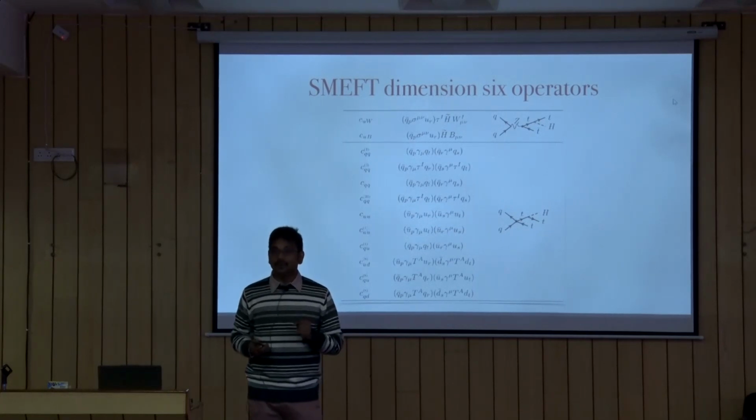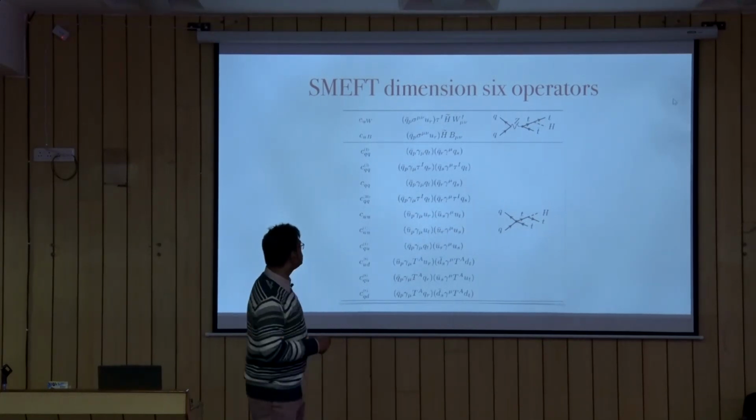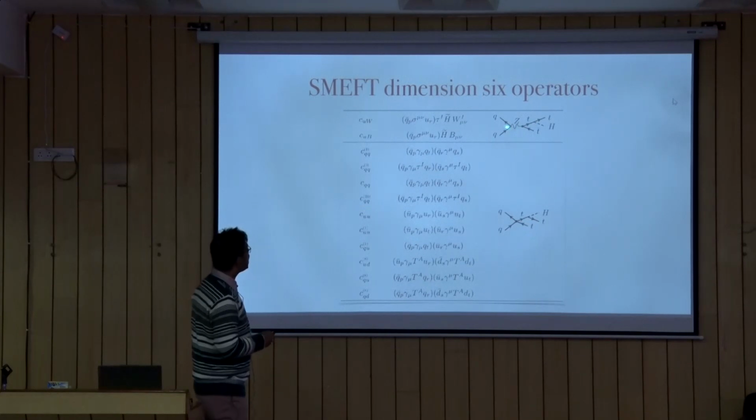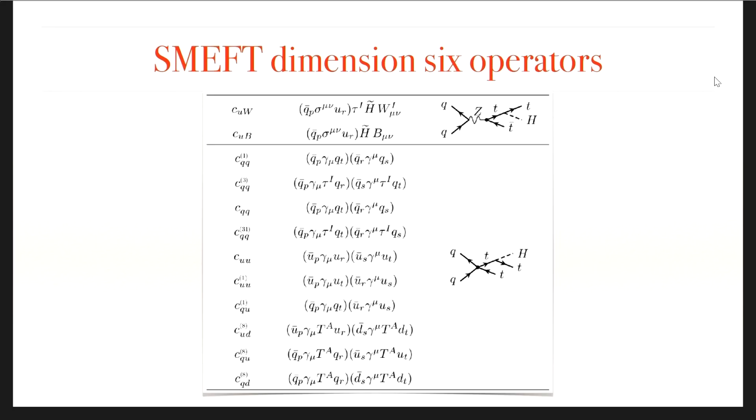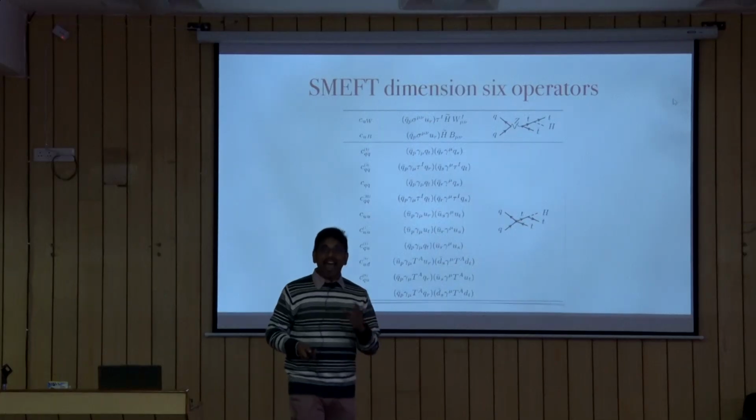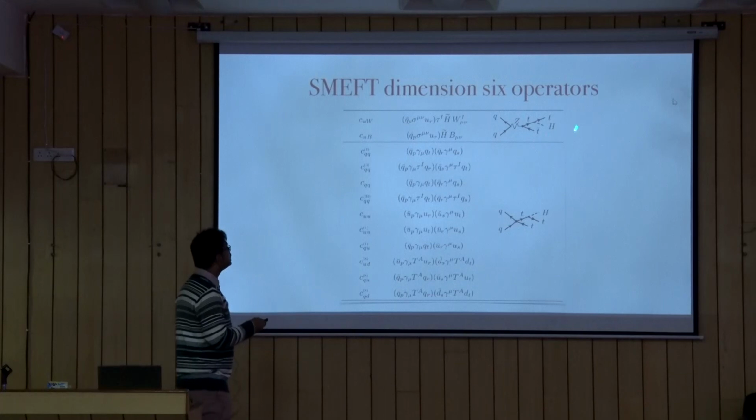But the answer is no, because in that process you also have a graph where you produce via Z T T bar, and this Z T T bar vertex can get additional contribution from these vector current interaction operators. So that will give you an additional contribution to T T bar H production also.